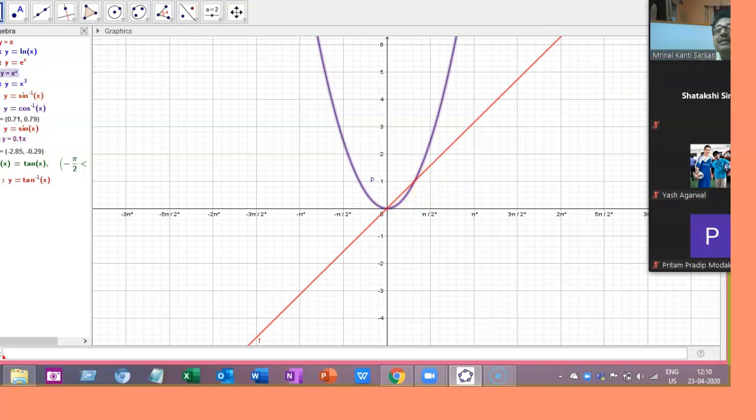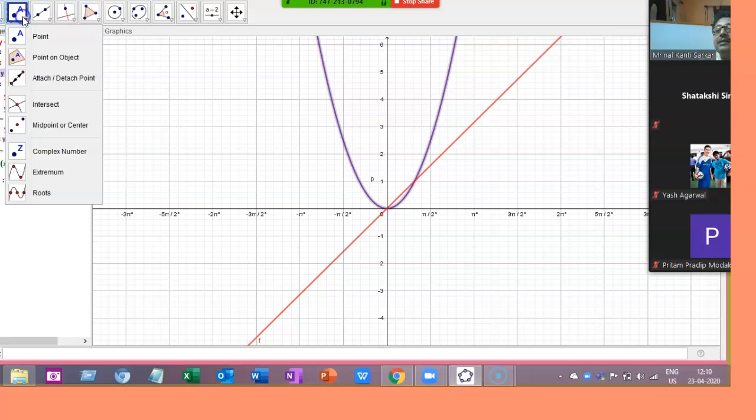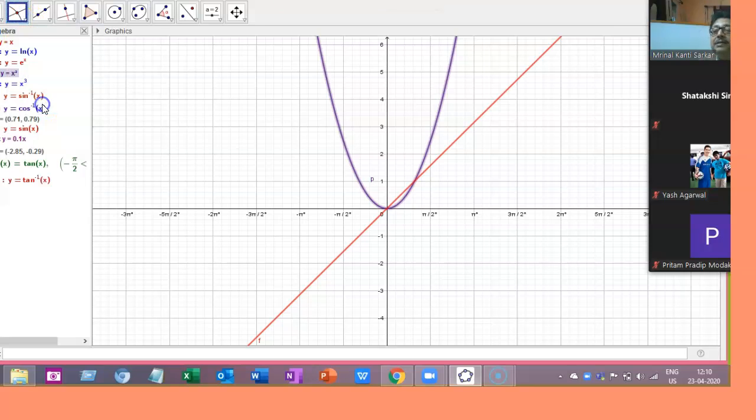This point of intersection, if we try to find it using this, I am clicking on this curve as well as on this curve. Okay, this point of intersection has come. You can see one point of intersection is D, 0, 0 of the two curves, and the other point of intersection is 1, 1. So what will be your answer here?